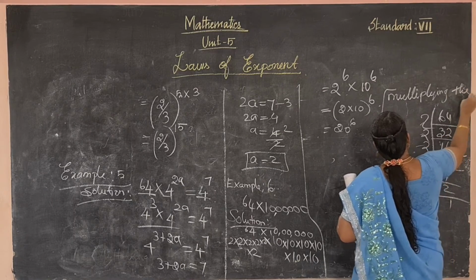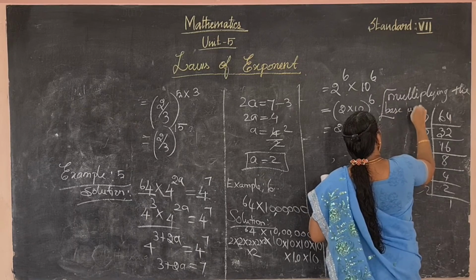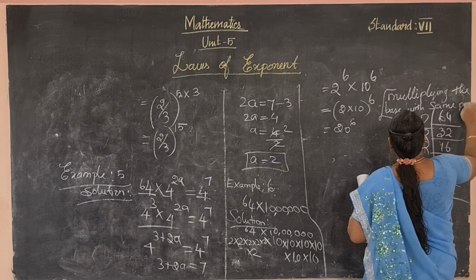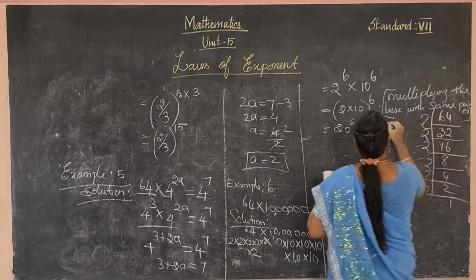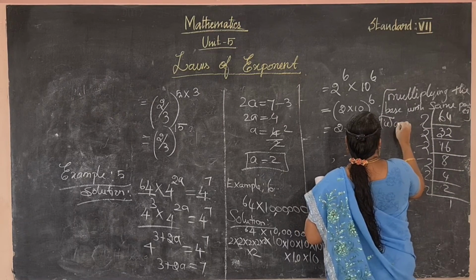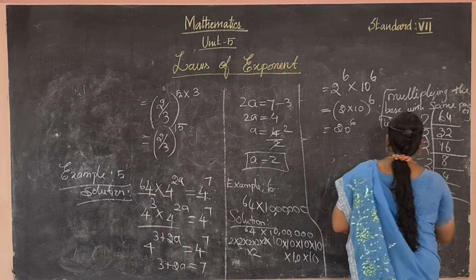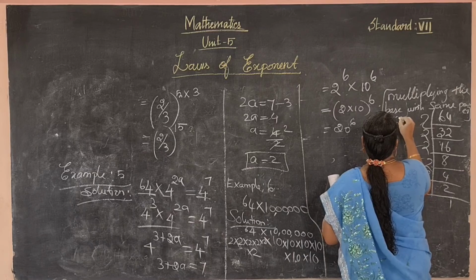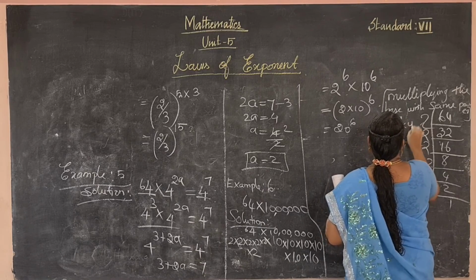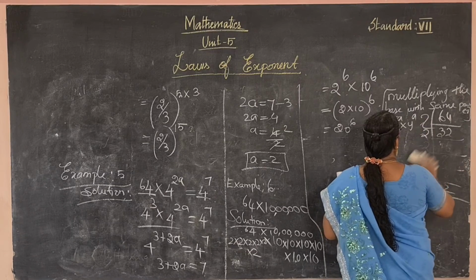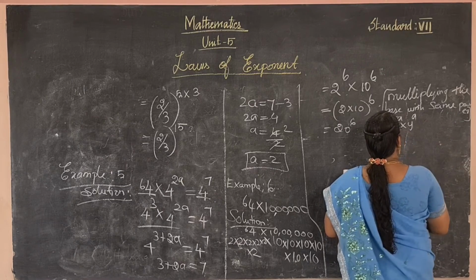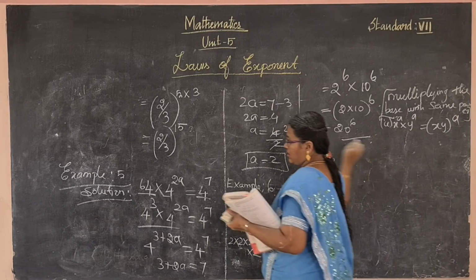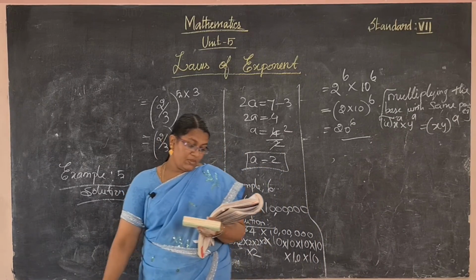Multiplying the bases with the same power or exponent, what is the formula? x power a into y power a is equal to xy power a. That's it.